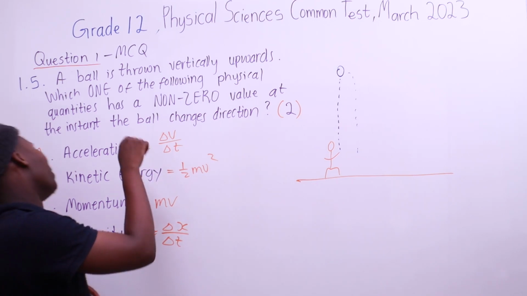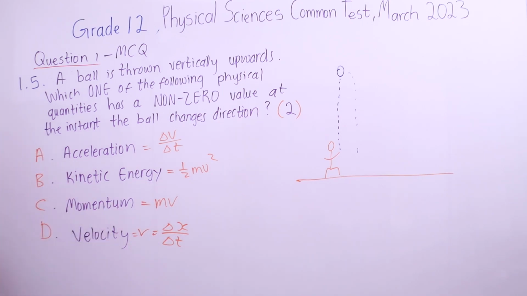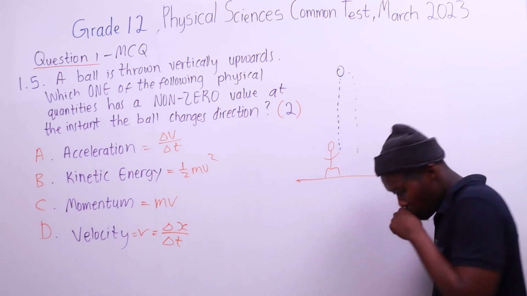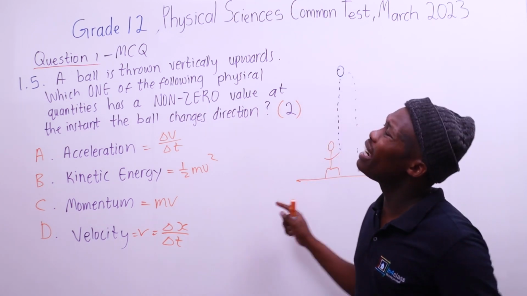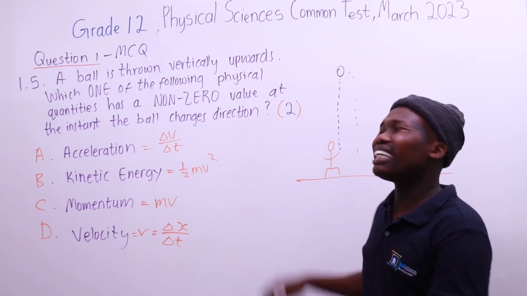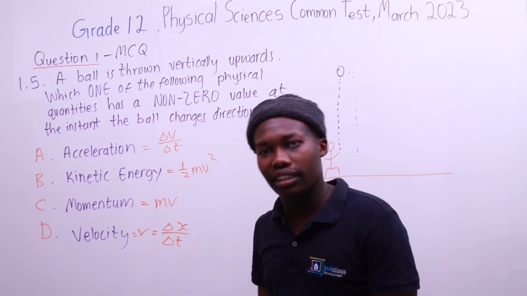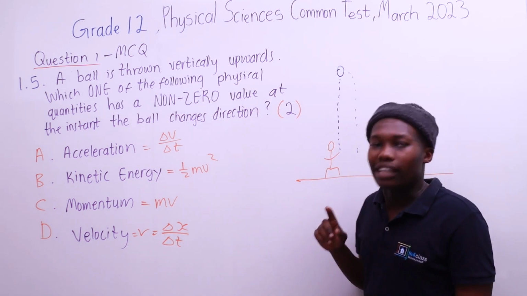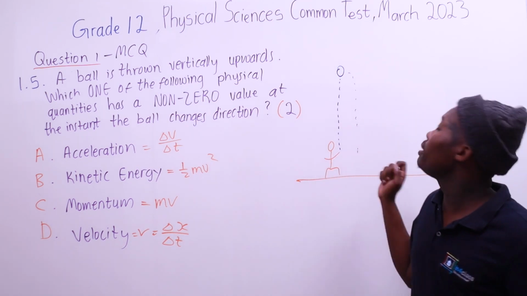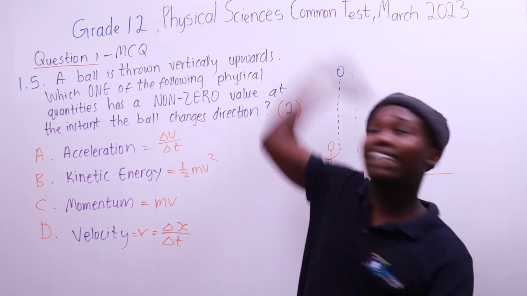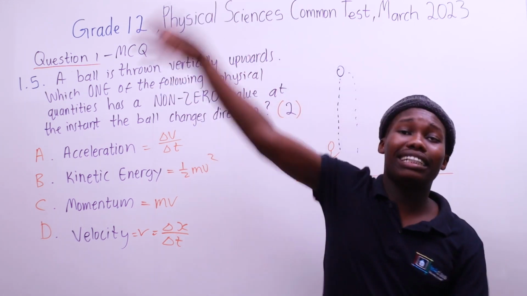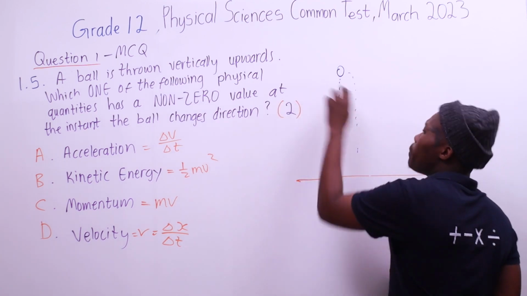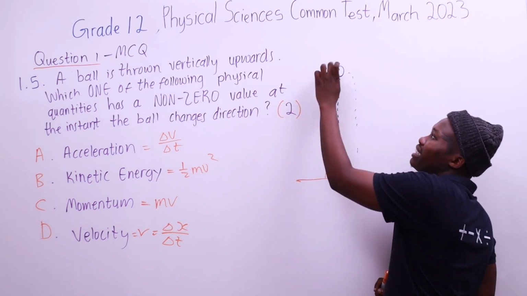As it is thrown, it was given an initial velocity; it did not start from 0. The time it is thrown, it is given an initial velocity, and as it is going up the velocity decreases until it reaches 0.